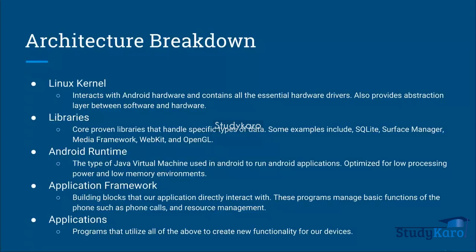For example, SQLite is a library that allows us to manage or interact with databases very effectively, right? The WebKit that I mentioned allows us to render web pages in an efficient manner, and all that kind of good stuff. OpenGL is used to render 2D and 3D graphics. Great. So let's move on.